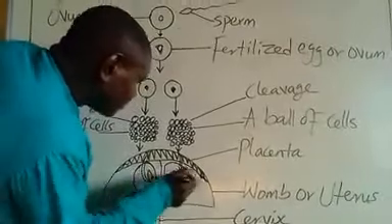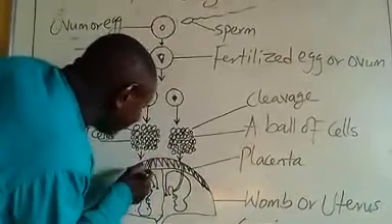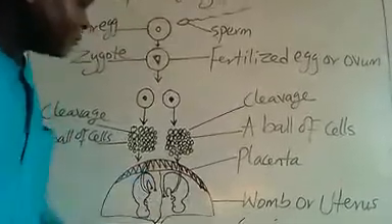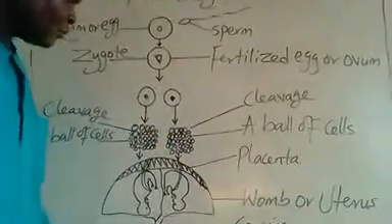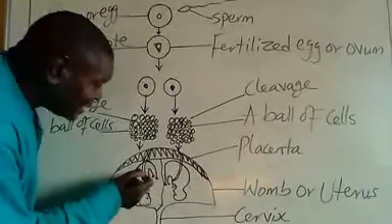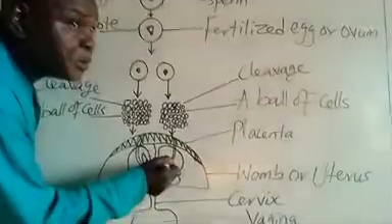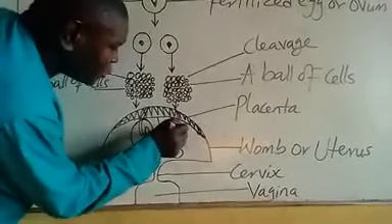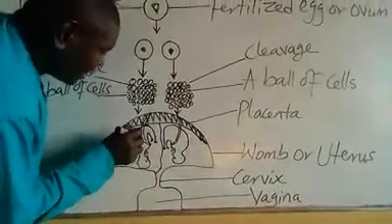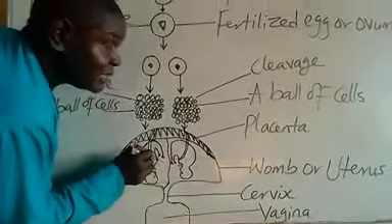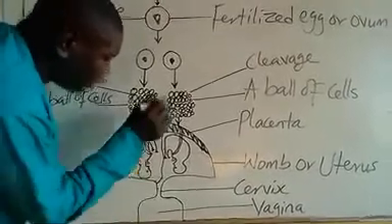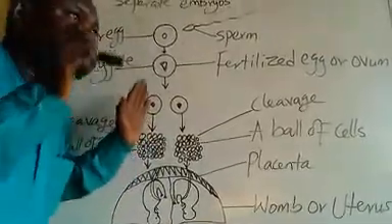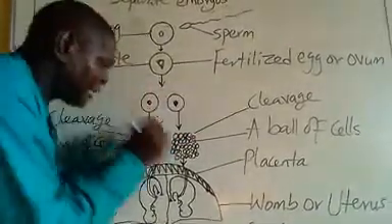Look at it. But different umbilical cords. This one has its own umbilical cord, and this one has its own umbilical cord. But one placenta. They share the same placenta.